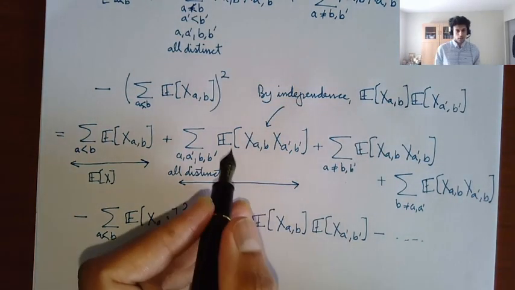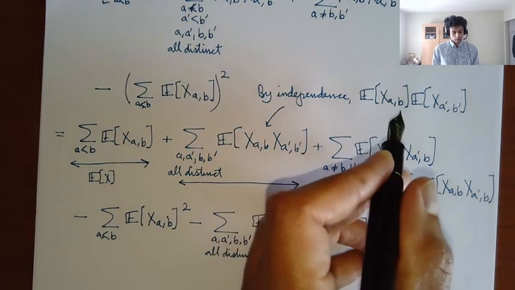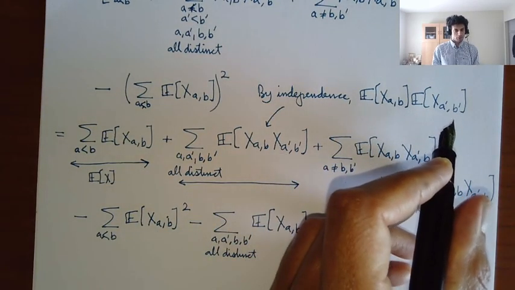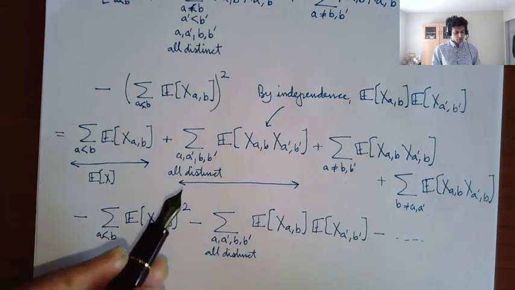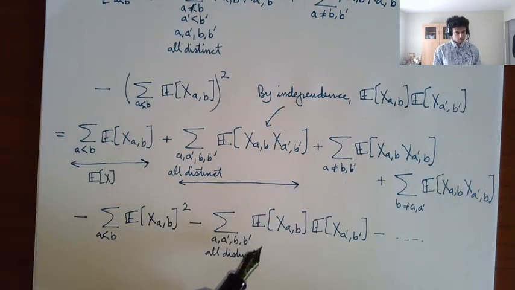Okay, does that make sense? By independence, I can break the expectation of the product as the product of the expectations. And then observe that this term here is the same as this term there.